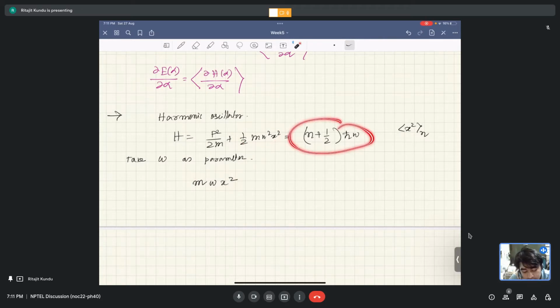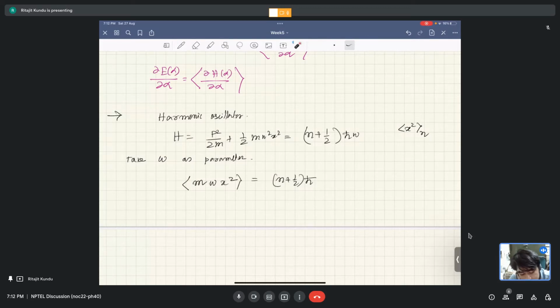Then I take the derivative on the right side with respect to omega, and it becomes (n plus half) h bar. The first term doesn't depend on omega, so it will not survive the partial derivative. Now after doing this, we can take an expectation value on both sides.